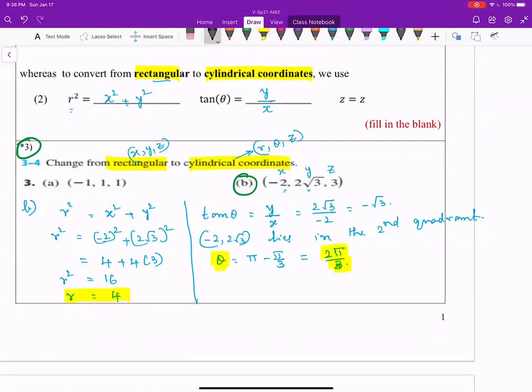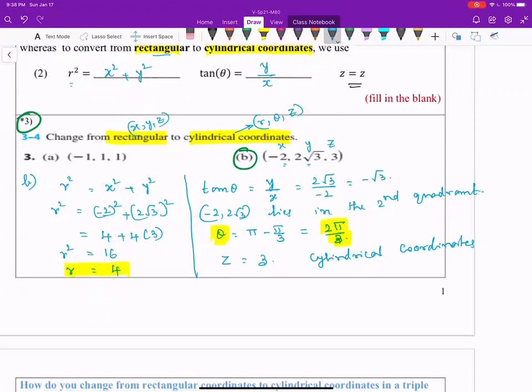So we find that r equal to 4 and theta equal to 2 pi by 3. And we know that by definition, z is equal to z, so the z coordinate is the z of (x, y, z), which is equal to 3. So the cylindrical coordinates corresponding to negative 2, 2 radical 3, 3 are r equal to 4, theta equal to 2 pi by 3, and z equal to 3.